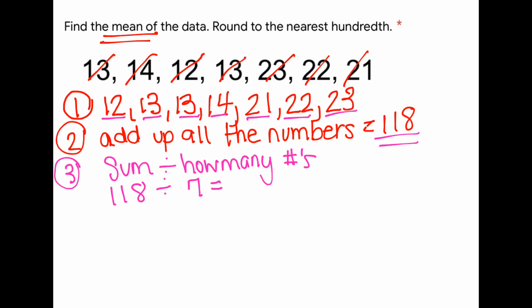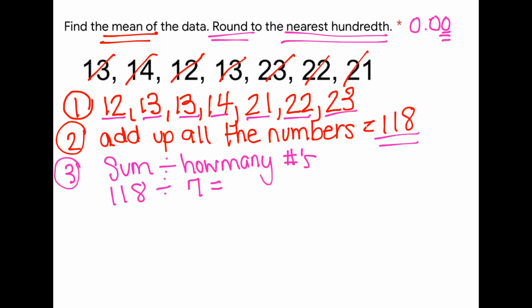In our directions, it tells us to round to the nearest hundredth. This digit right here is our hundredths place. We have tenths, hundredths. You will do this in your calculator, and you can go ahead and finish this on your own.